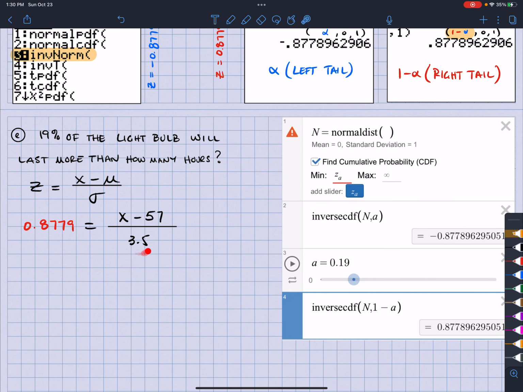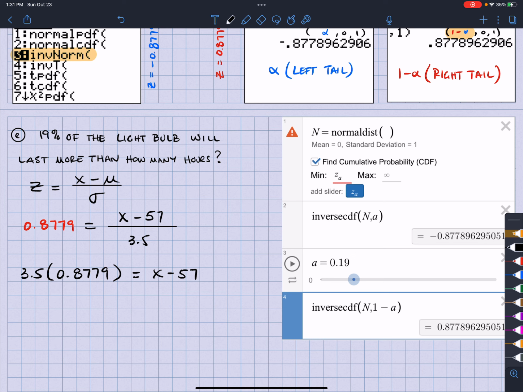Because this is a single fraction and this is a single fraction, I can actually cross multiply. So what I have is 3.5 times 0.8779 equals x minus 57.